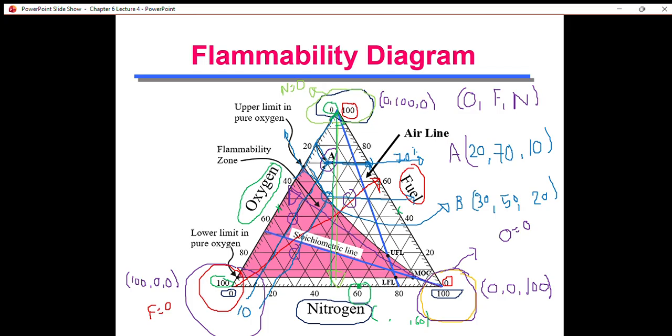So there will be no chance at this point to have fuel. This means my fuel composition will be equal to 0. And as a result, the third composition, oxygen, if I draw this line, will be 40%.